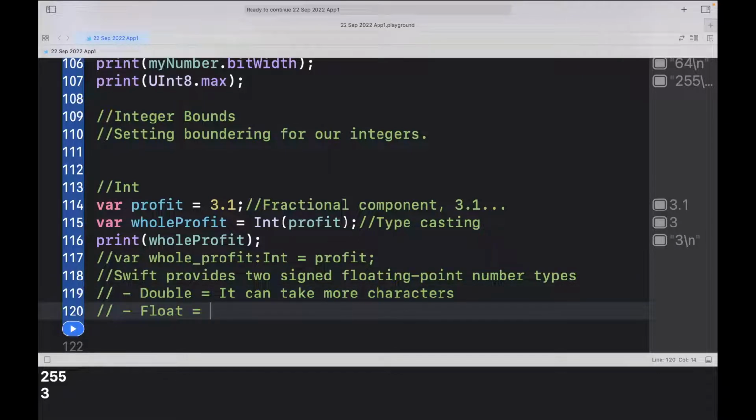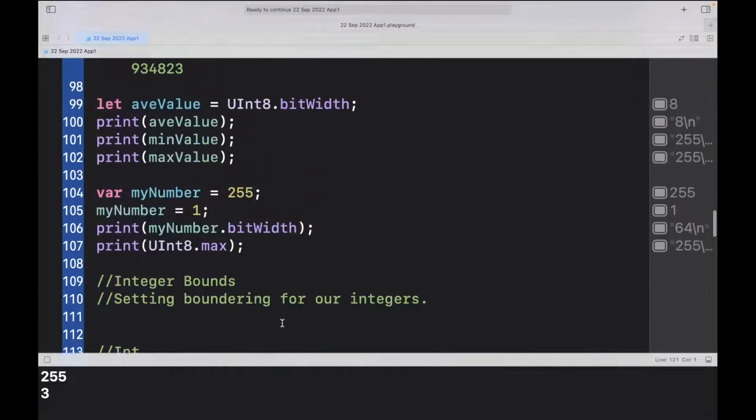Hence, it's more advisable to use double when dealing with money, because it can take all those fractional components and place them nicely together without cutting any.